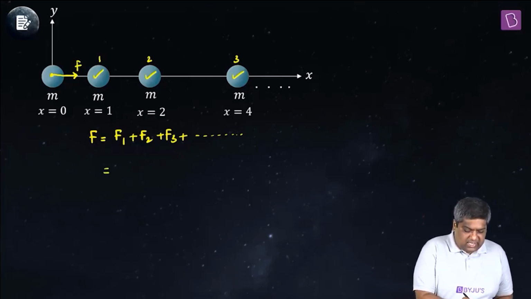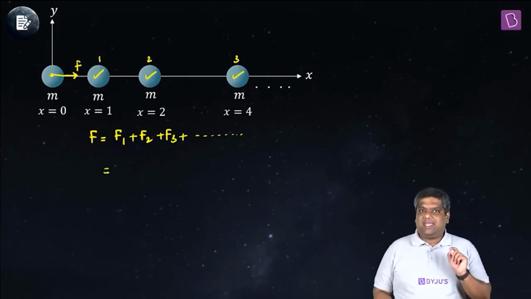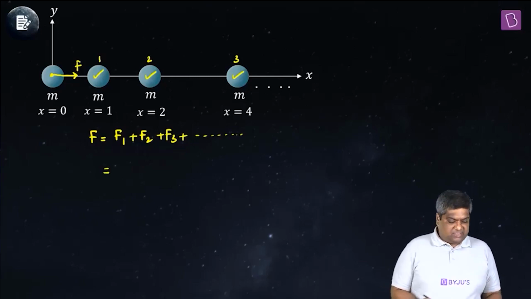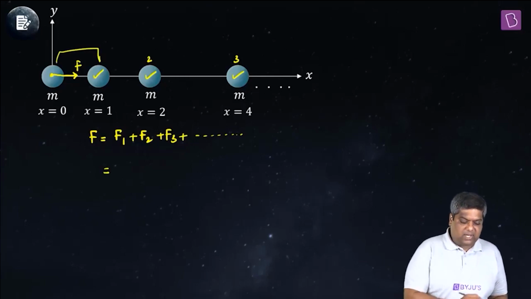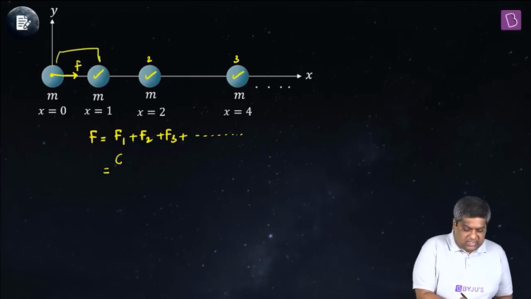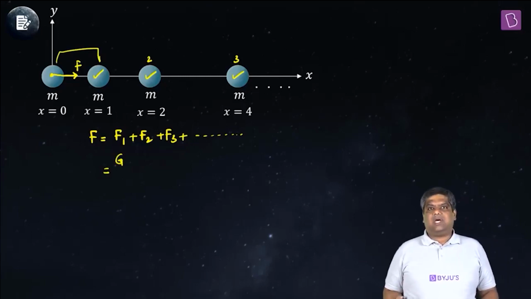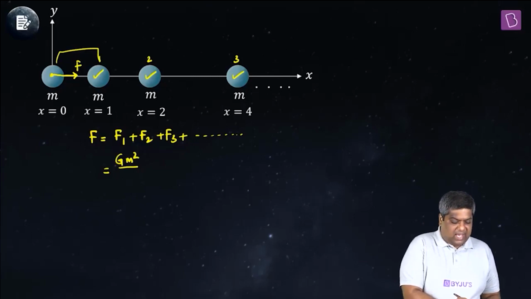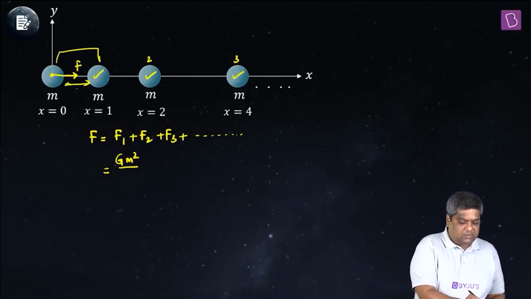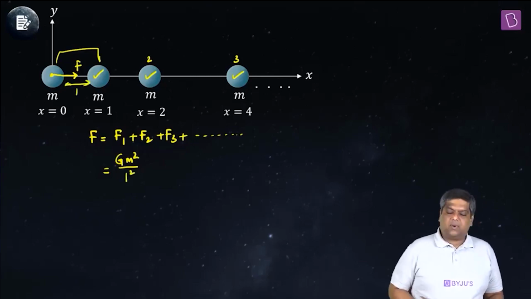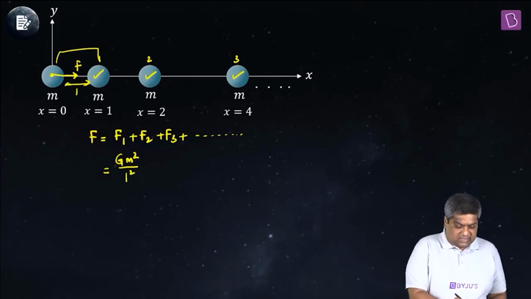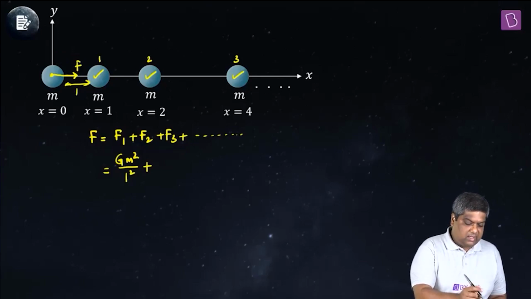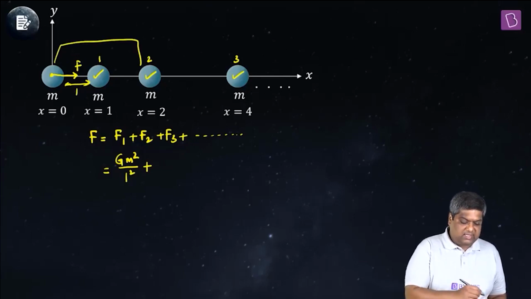Now let's substitute each one of them properly and carefully. The first force F1 is between these two, so it is G M1 M2, both equal to M, so you get G M squared by R squared. The distance between them is 1 meter, so 1 squared. Plus F2 is the force between this and this.